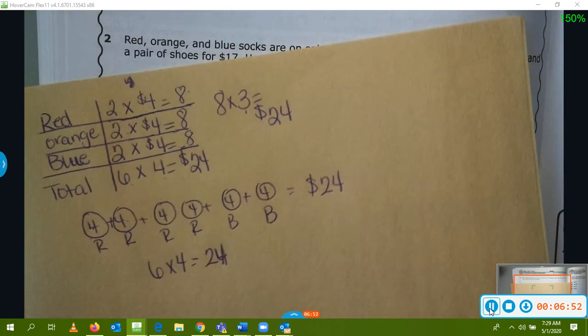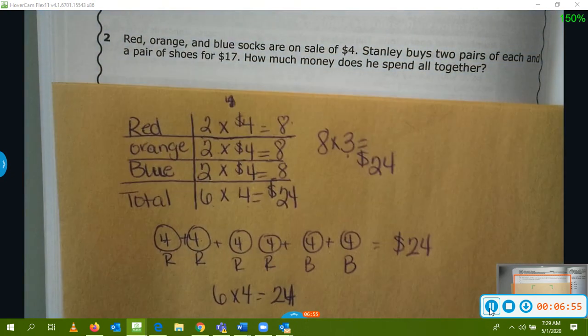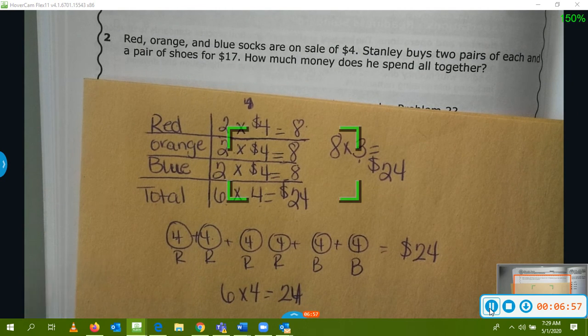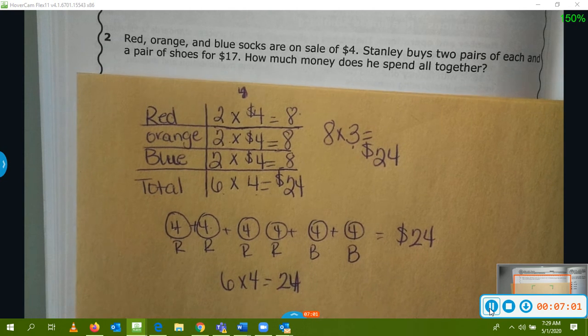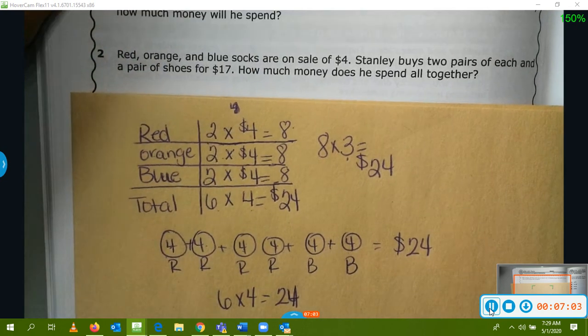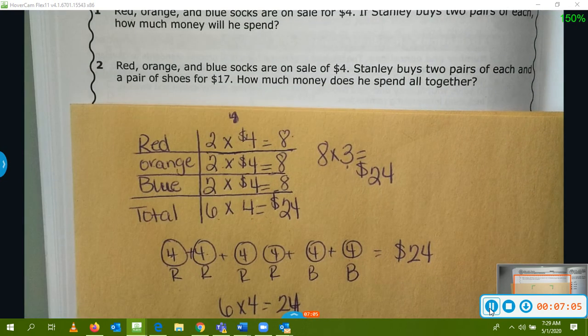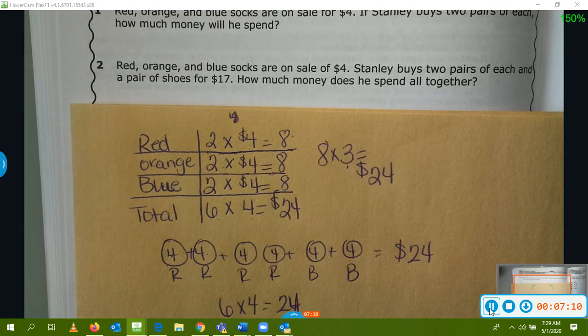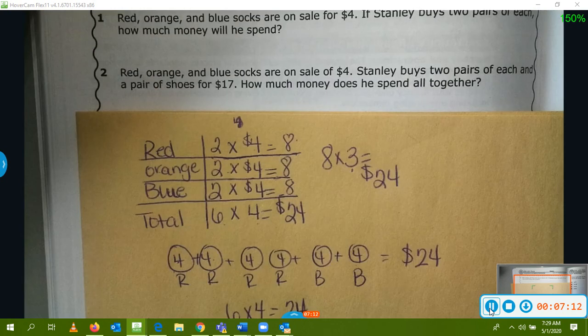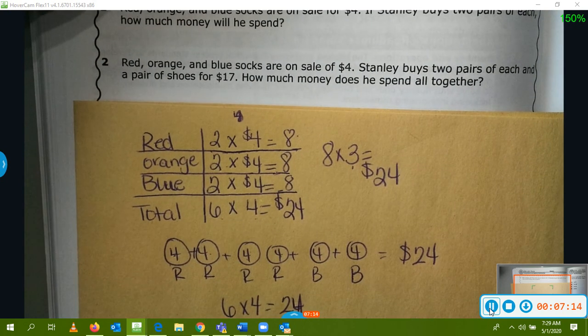That's the same thing we just did. So guess what? We're ahead of the game because we've already worked the first part of this problem. So now we have to do another step, which makes this a multi-step problem. And the only difference between number 1 and number 2 is that he added a pair of shoes for $17.